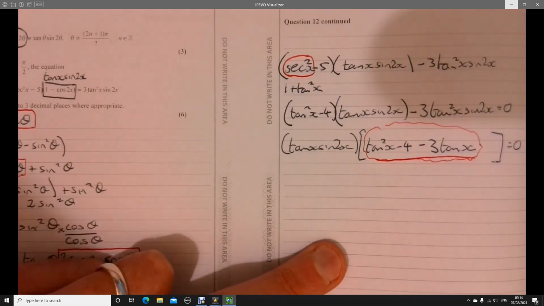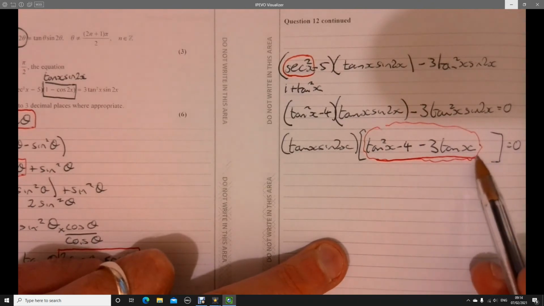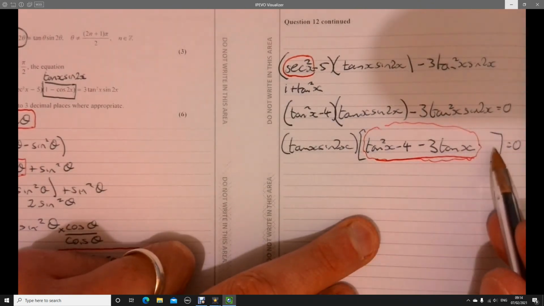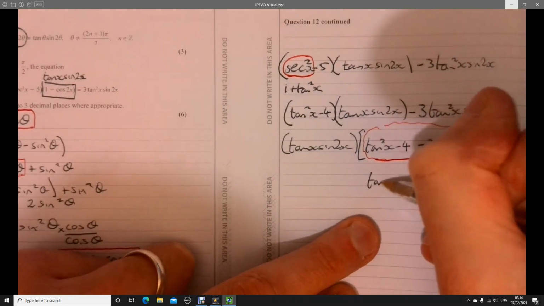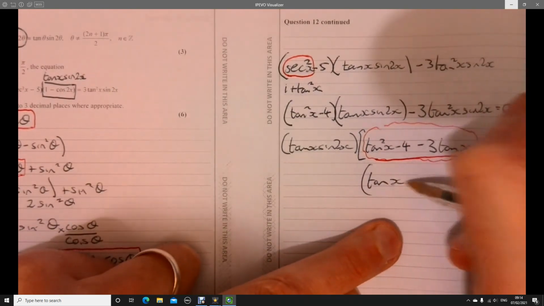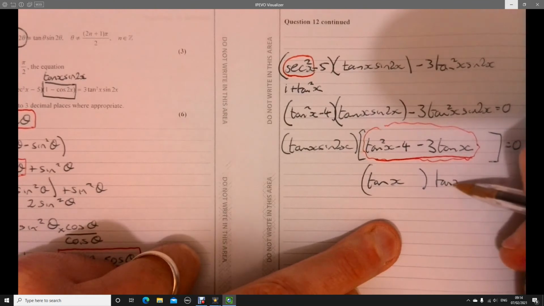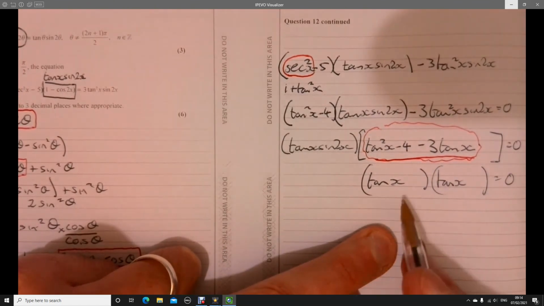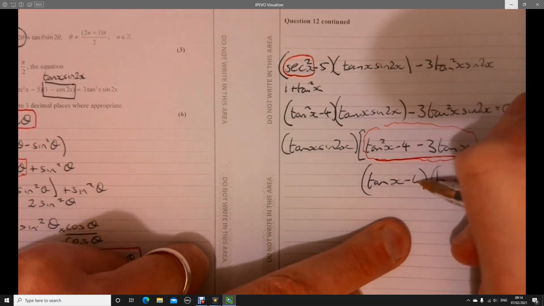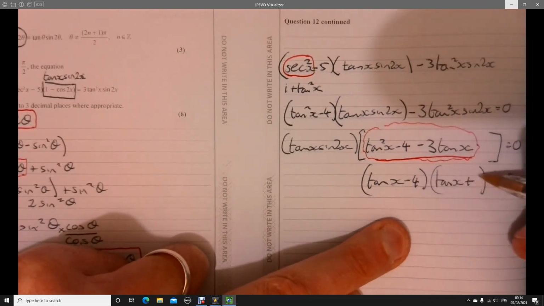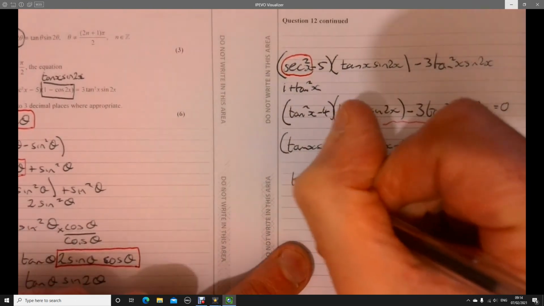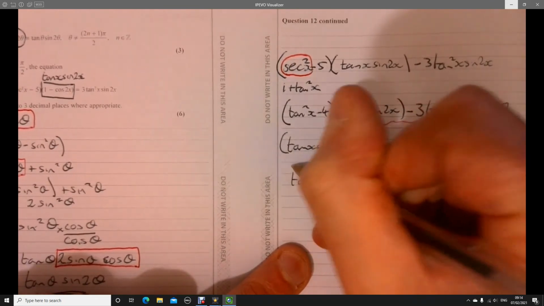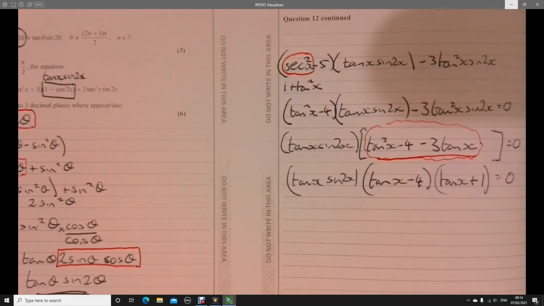And now let's factorize this part just here. If I've got minus 4, two things that multiply together give me minus 4. So it's going to be tan x minus 4, tan x plus 1, and remember, the whole thing's equal to 0. And we've still got it multiplied by tan x sine 2x.